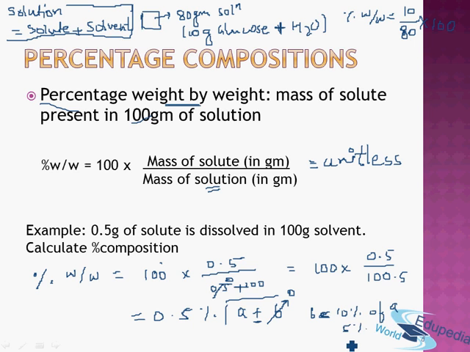At some other places you might find that a quantity is neglected only when it is less than 1% of the other. So when B is less than 1% of A, only then can I neglect it. Even in that case, we can still neglect 0.5 with respect to 100, because it is 0.5%, which is still less than 1% of A. So now you know how to neglect quantities as well.